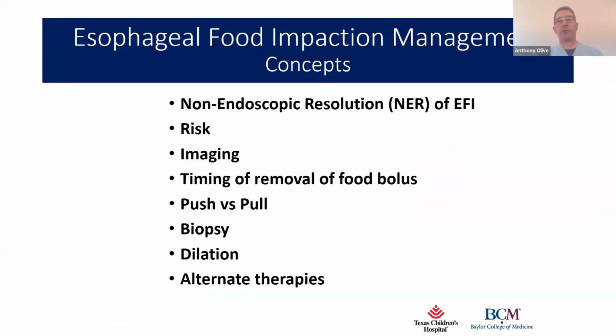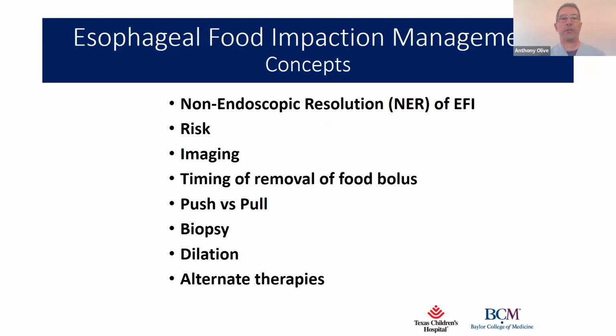So some of the more important concepts with esophageal food impaction management are: what do we do about patients who have non-endoscopic resolution of their esophageal food impaction? In other words, they come into the ER, they've had a food bolus stuck, but during the course of the ER visit, before any intervention can happen, the food bolus passes, it self-resolves.